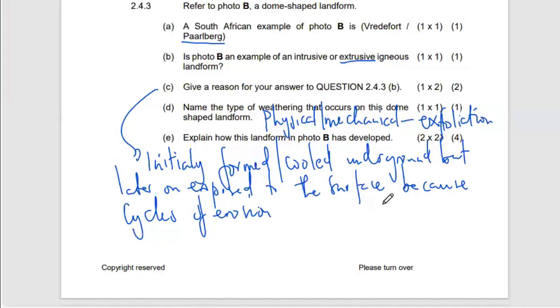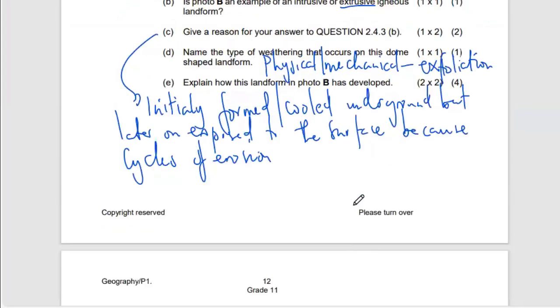Right, taking it to the last question of question 2.4, it says, explain how this landform in B has developed. Basically, the description is related to what we have discussed. We are saying this landform, how it forms.